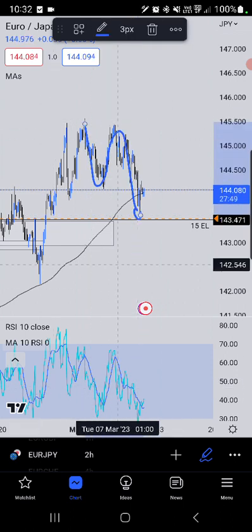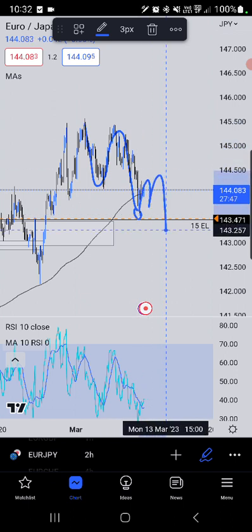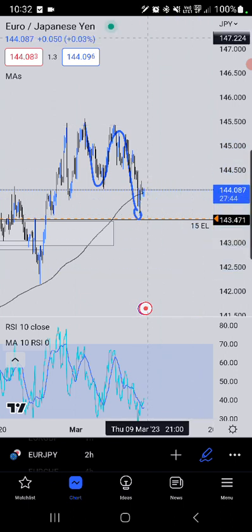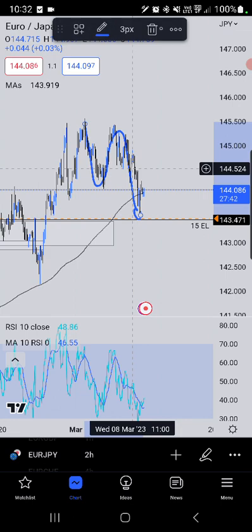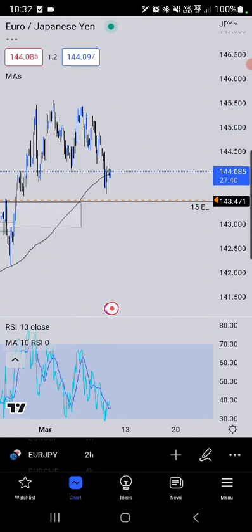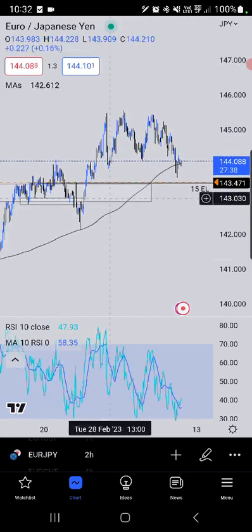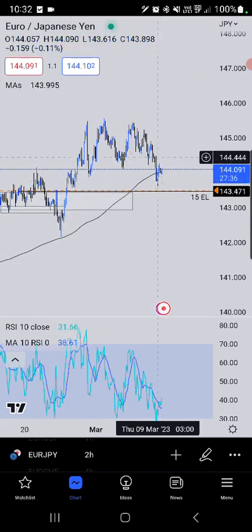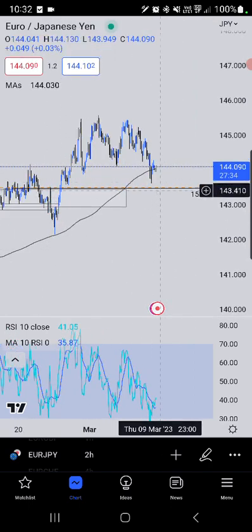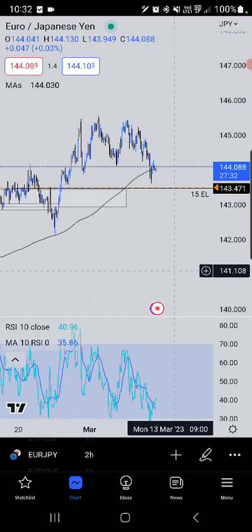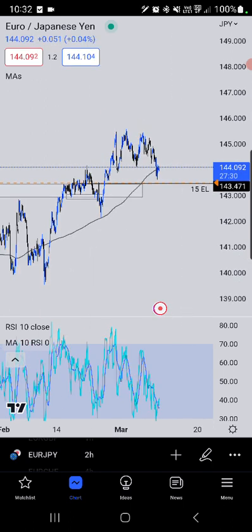Looks corrective, bit of hidden bull, but we can just do this and then we just start selling off. All right, so that's what I'm looking for, just for it to start selling off. We got that old EL through here, and come down, tag that, and then maybe a bit of a bounce and then sell off. That's what I'm looking for. See how that plays.